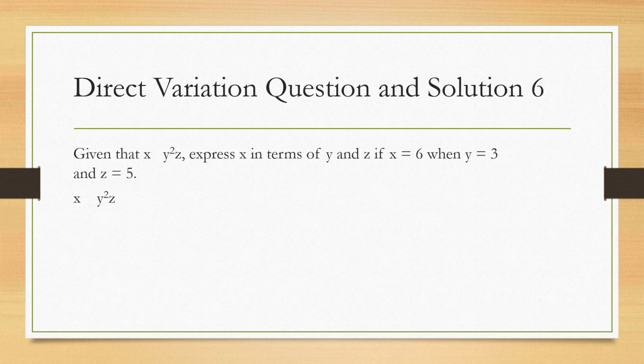Okay, for the solution. Now, in this question, this will be a long answer. So yeah, we will do it together. So this is the question. X varies directly with y exponent power 2 and z. So x equal to k y power 2 and z.